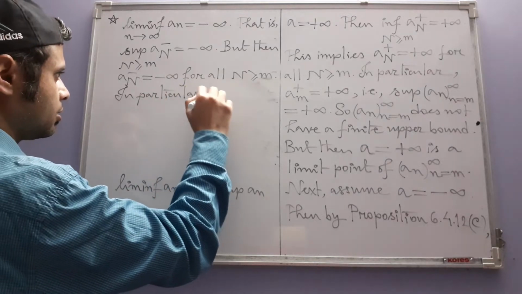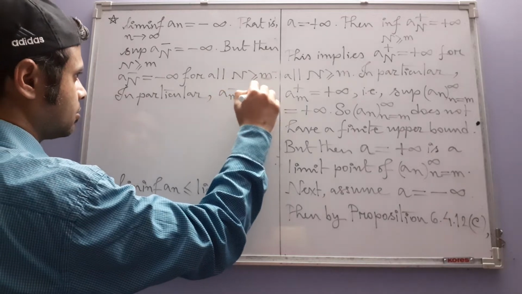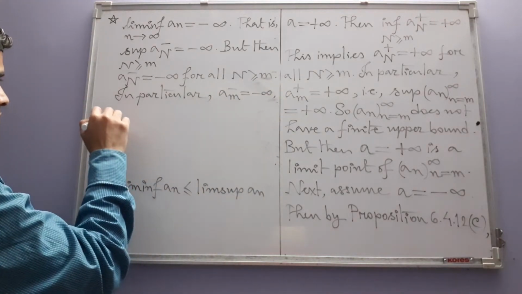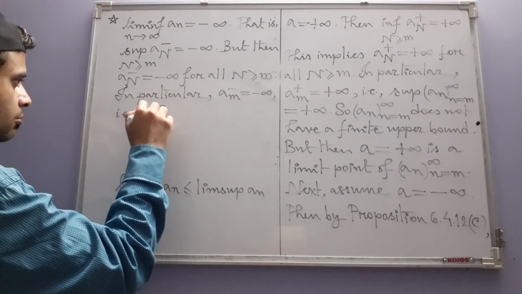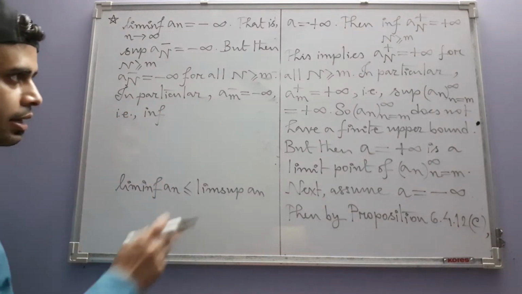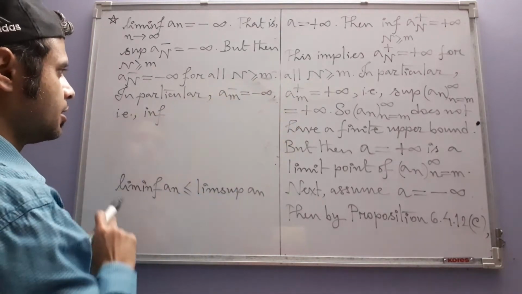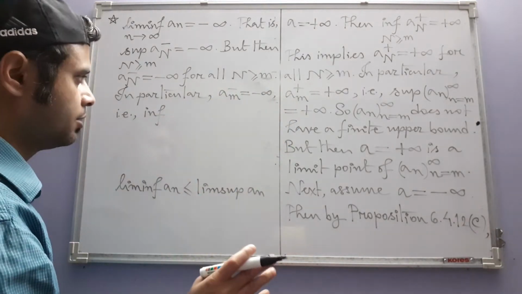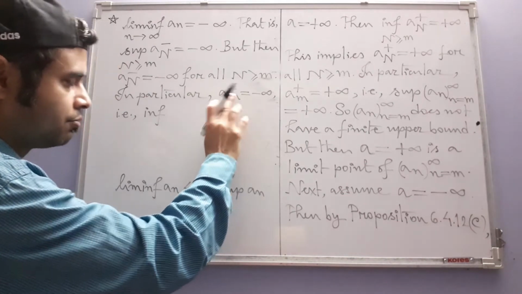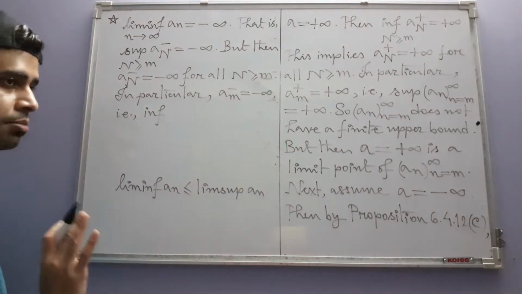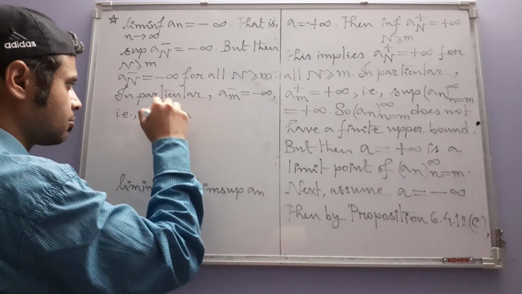In particular, a_m minus is also minus infinity. That is, a_m minus, just like a_m plus, is the infimum of the entire sequence, because our index is now starting from m, so we haven't removed any term, so we have the full sequence.